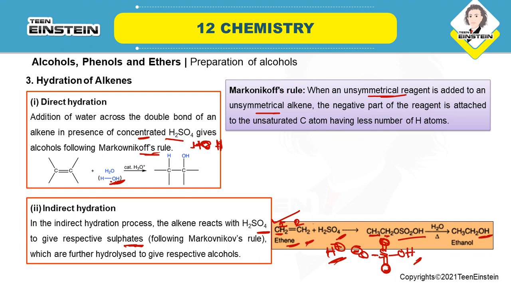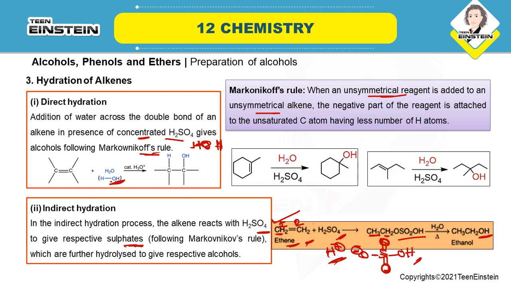Okay, and the negative part of the reagent. So the negative part of the water reagent will be HO minus, and in case of H2SO4 it is HSO4 minus. The negative part of the reagent will be added to that carbon of the unsaturated part which is having lesser number of hydrogen atoms. Take this example. Here this C=C bond is not symmetrical because on one side there is hydrogen, on the other side there is methyl.